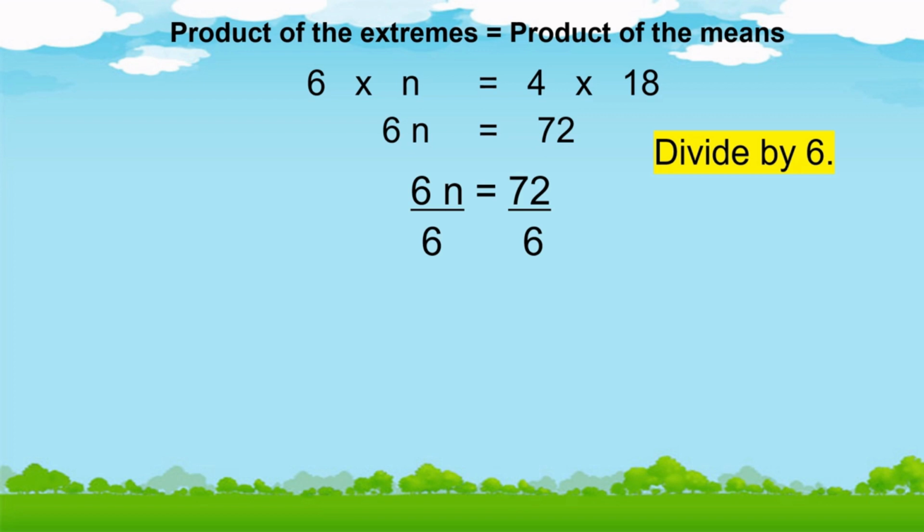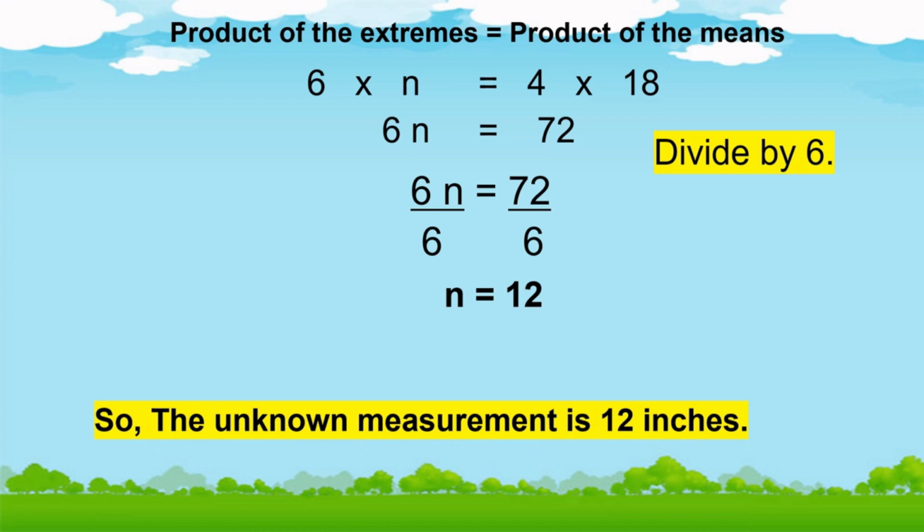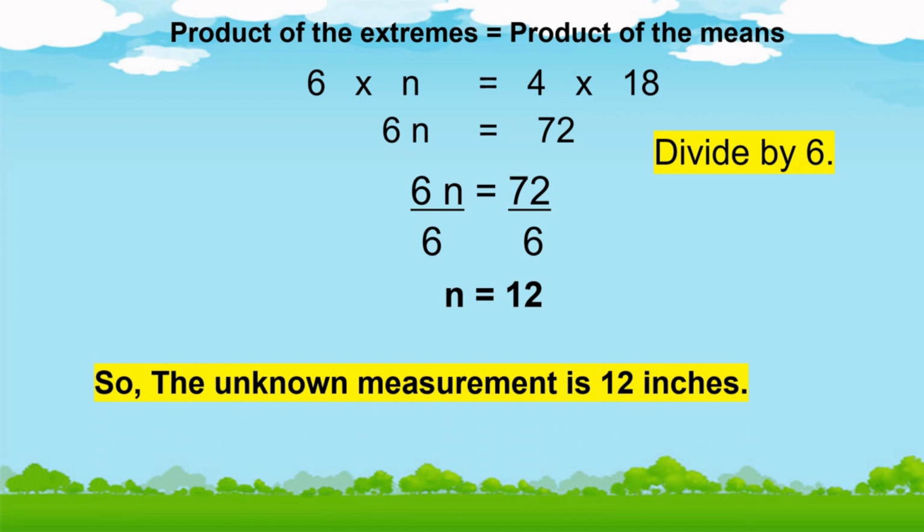Cancelled out na po yung 6, so matitira ang n. 72 divided by 6 is 12. So, ang value ng n ngayon ay 12. The unknown measurement is 12 inches. Yan din po ang missing term in a proportion.